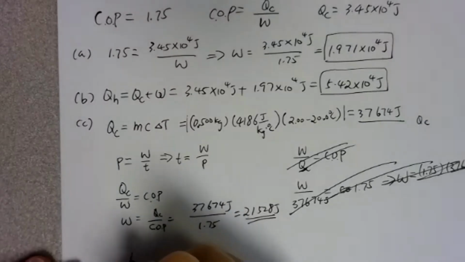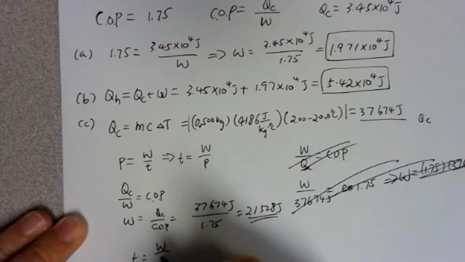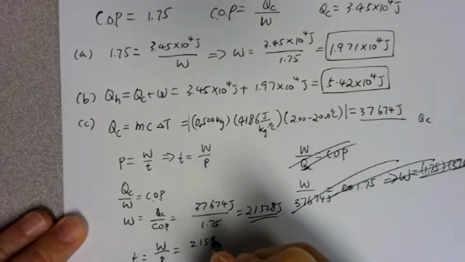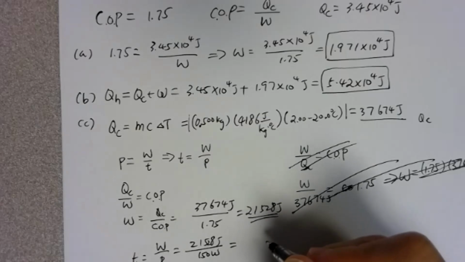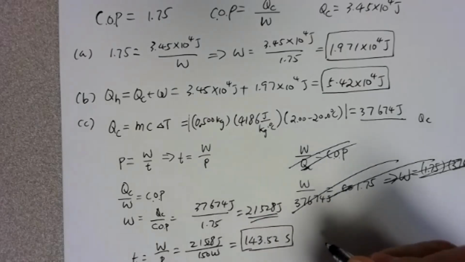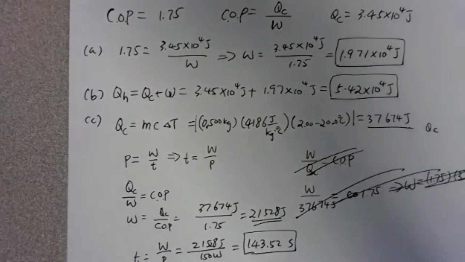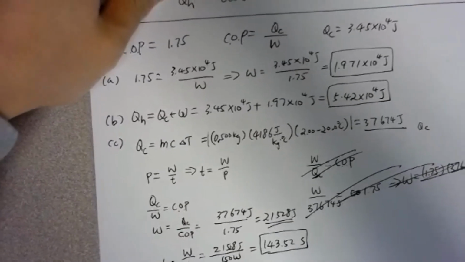All right, so then time T, being work over power, is 21,528 joules over 150 watts. So that gives you 143.52 seconds, a little bit over 2 minutes. So that's how much time is needed for that one.